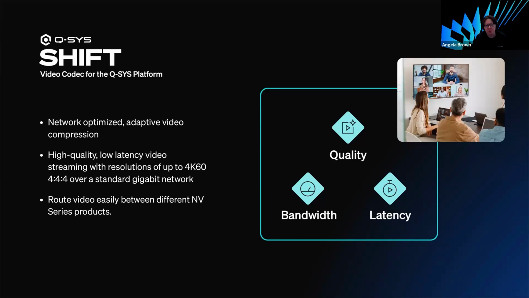But the ability to do that is very processor and power intensive. That's something that, as we started to look at more cost-effective video distribution solutions, Shift became almost something that stopped us from getting into that lower cost ecosystem. So we started looking at some other options.